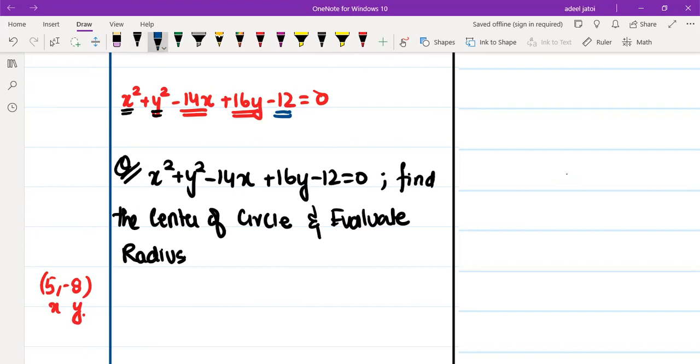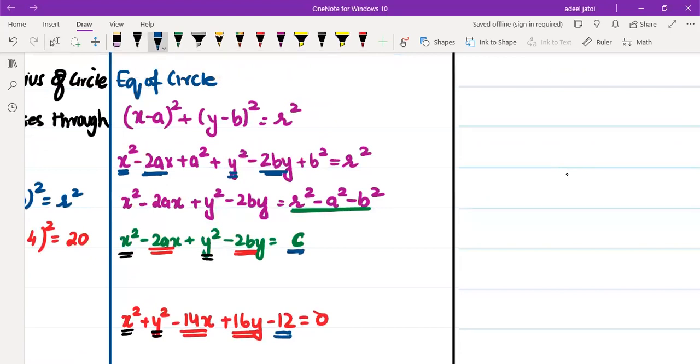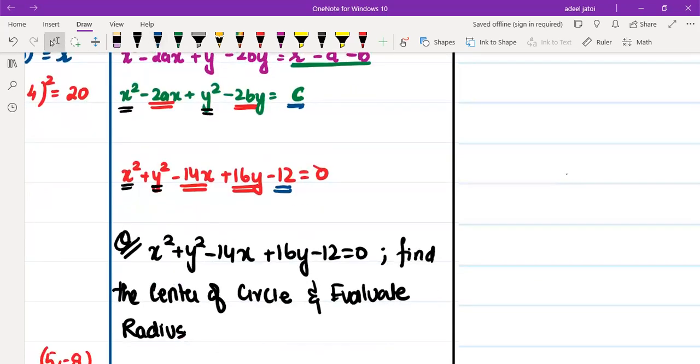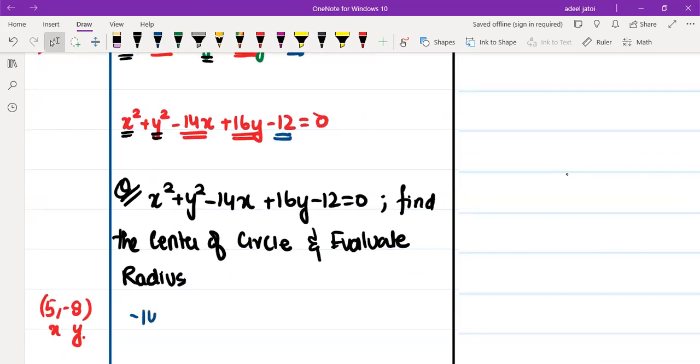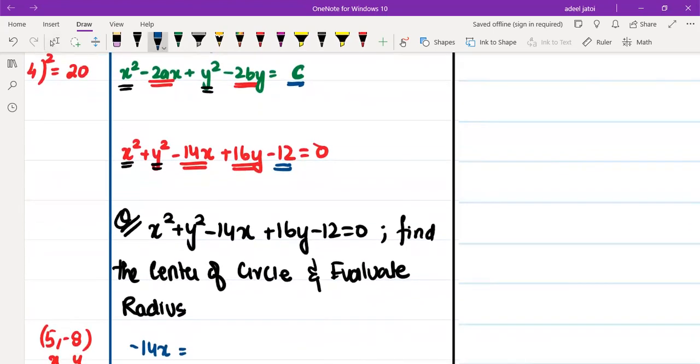Now, in this particular case, you know that when you opened up (x - a)² + (y - b)² equal to r², you had this form, which is x² - 2ax + y² - 2by equal to C. Now, x² and y² are there, but -14x is represented by what? -14x is represented by -2ax.